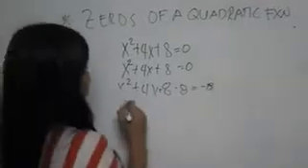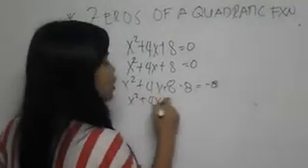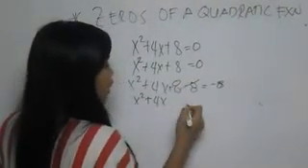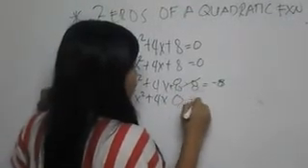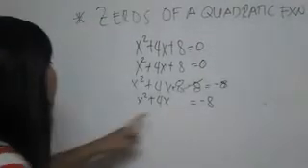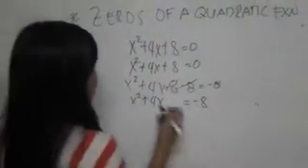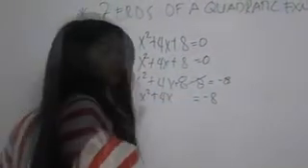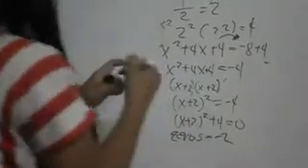Then I will solve it. x squared plus 4x, the terms cancel. The zeros of this equation equal negative 2.